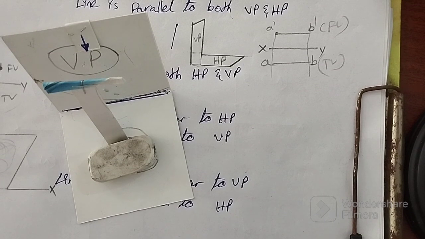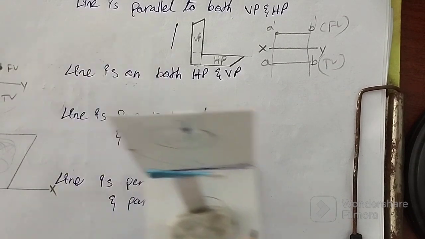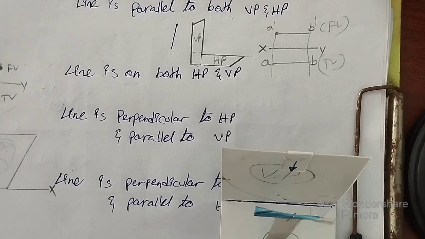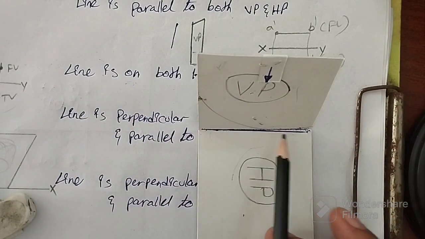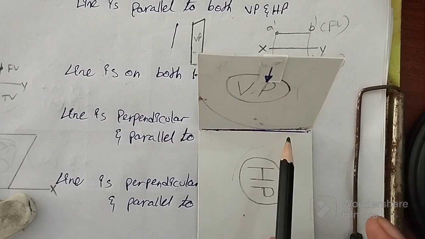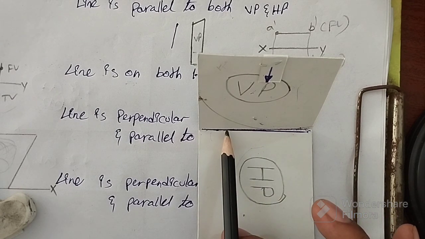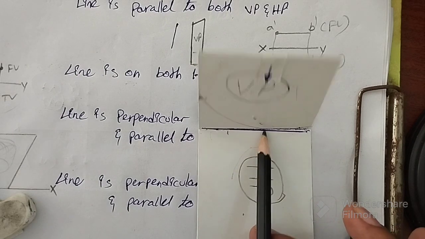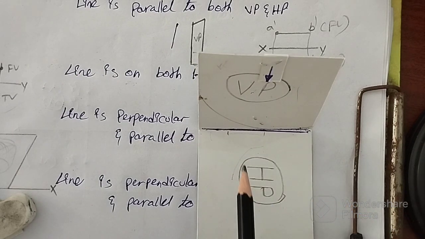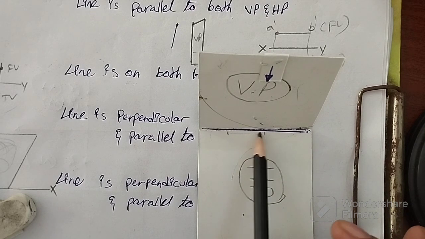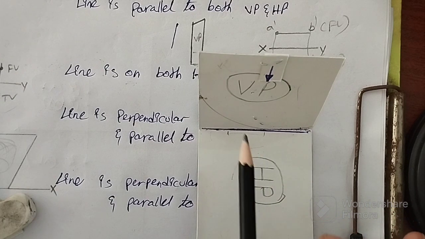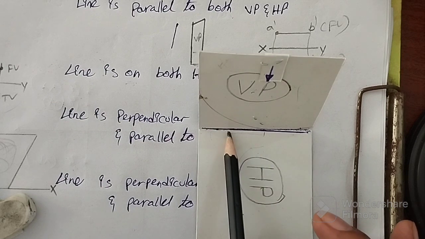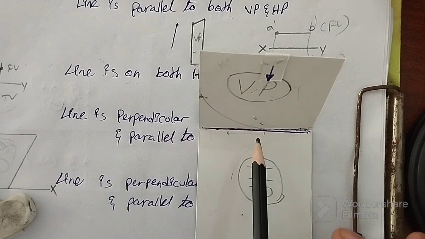This is the first case. What is the second case? Line is on both HP and VP. It means that the straight line is at the origin. When the straight line is at the origin, let us take the points here and here. If you look from the front view, the whole length of the straight line would be visible, and even if you look from the top, the whole length would be visible.